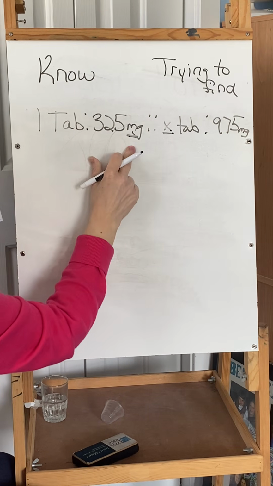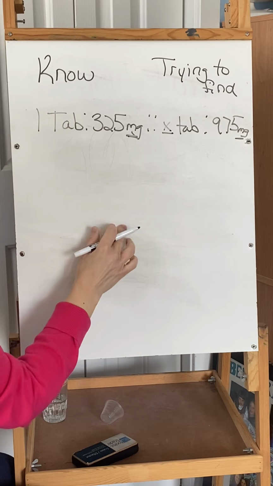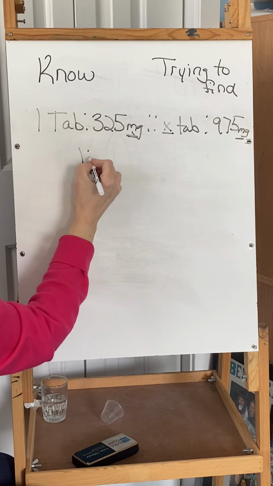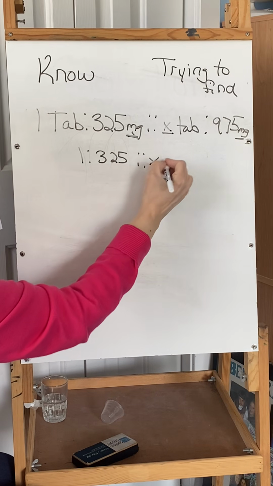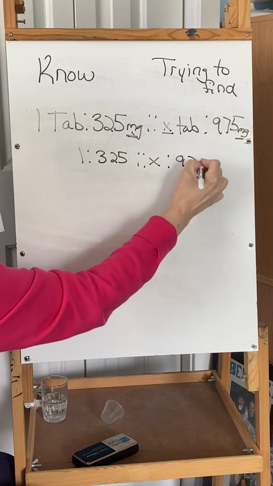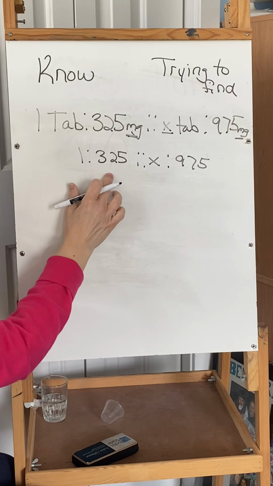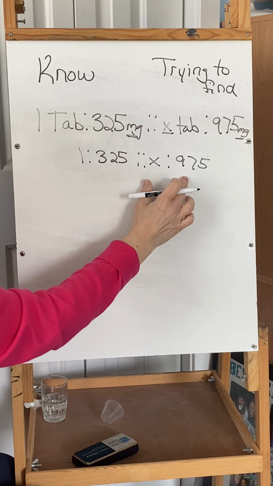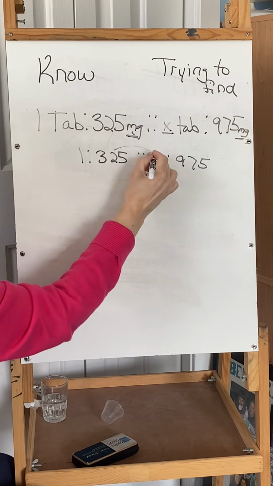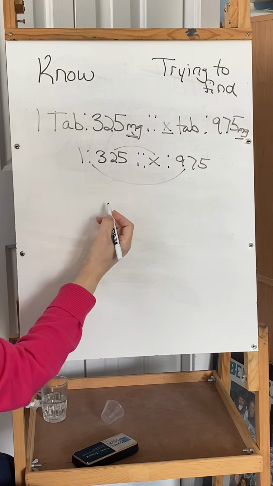Milligrams was second on the left, milligrams has to be second on the right. Get rid of your abbreviations, and you end up with 1 is to 325, just as X is to 975. Multiply, means and extremes.